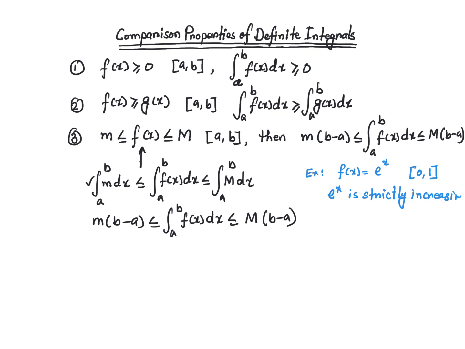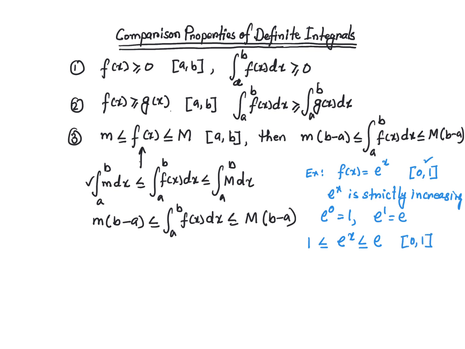So in the interval 0 to 1, the lowest value is e to the power 0, which is 1, and the highest value is e to the power 1, which is just e. So we can say that 1 is less than or equal to e to the power x, which is f of x, which is less than or equal to e in the interval 0 to 1.